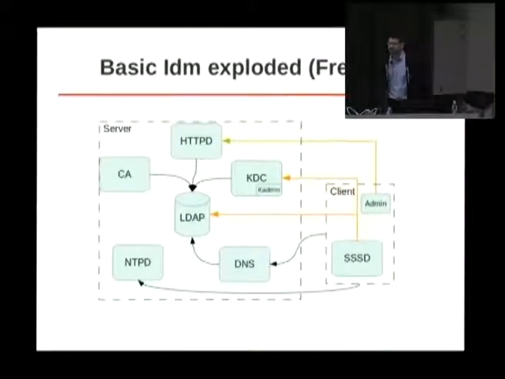There is a KDC with its KAdmin companion daemon that we use mostly for authentication. There is a CA component, that's PKI, that we use to manage certificates. Then there is a lot of code for the management interface that is built on Apache, just a simple web UI. Finally, we integrate NTP and DNS to provide services to the network.